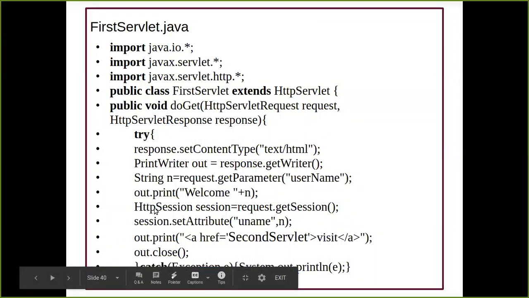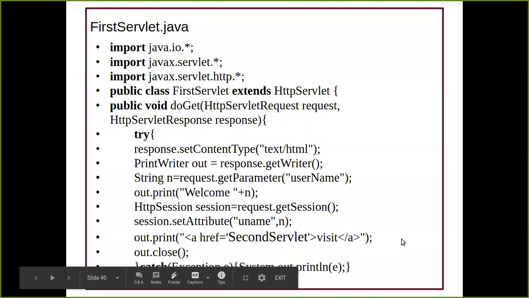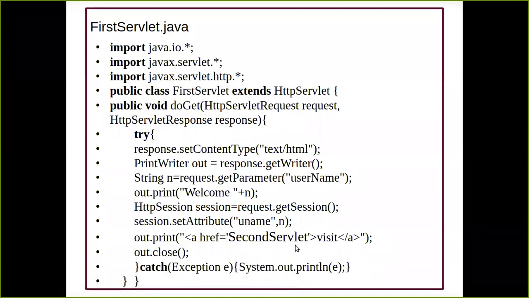So if you remember, say for example, I replace HTTP session with cookie, and I have created an object named ck. What we used to do over there was response dot add cookie, and we used to write the cookie name inside the brackets, right? So we are just adding the cookie along with the response. Now here also, we are adding this session along with the response which needs to be sent back to the next page.